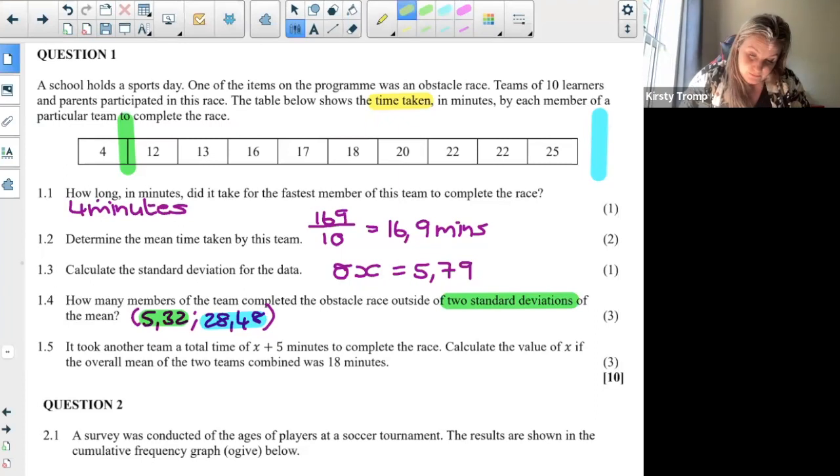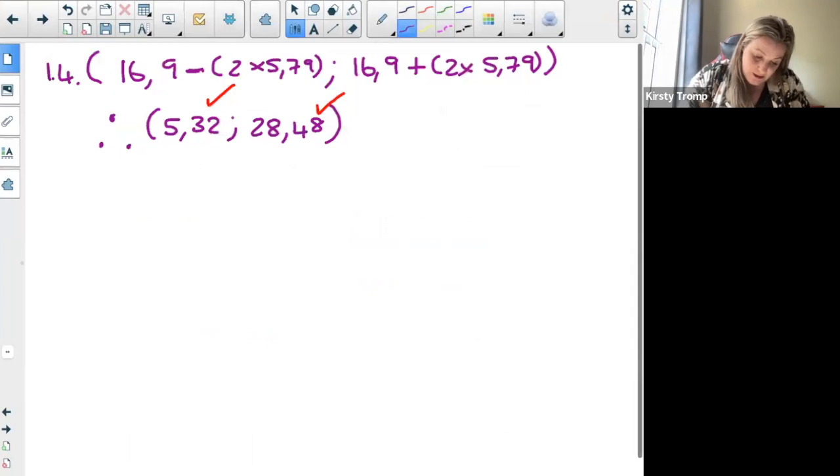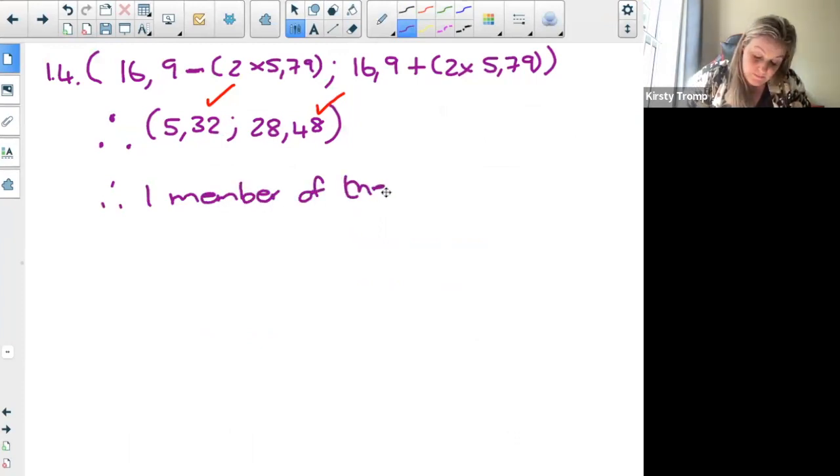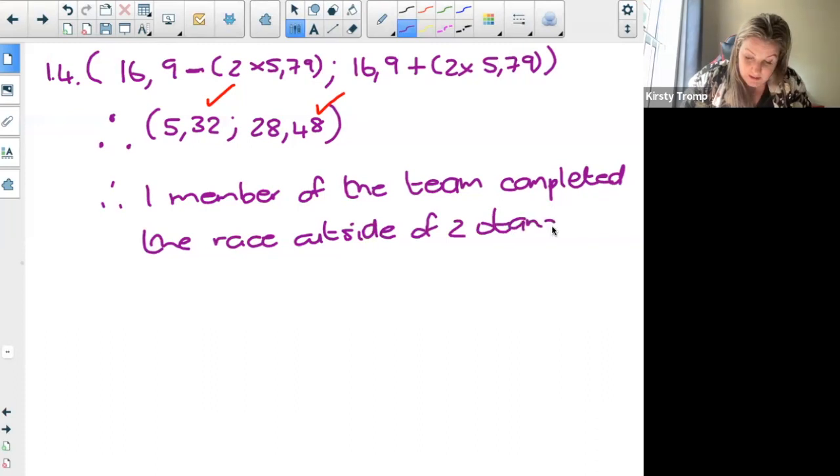Therefore, what does that actually mean for me? It means that, therefore, 1 member of the team completed the race outside of 2 standard deviations of the mean.